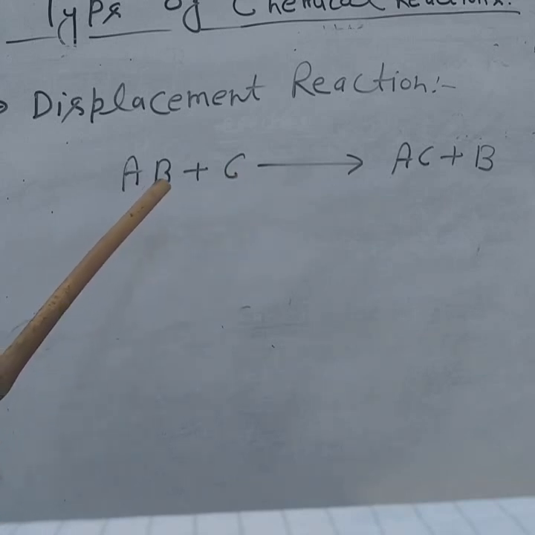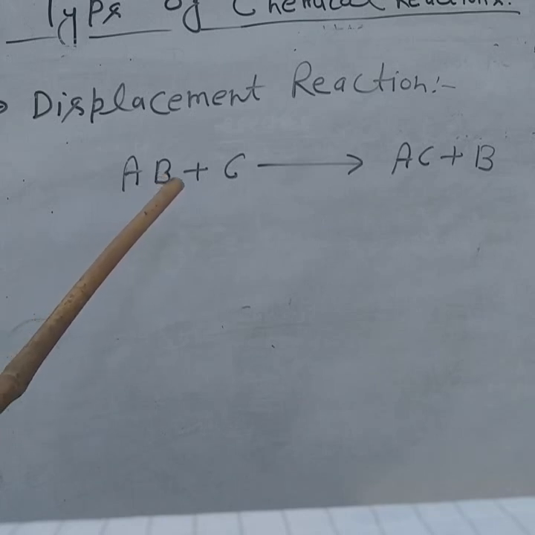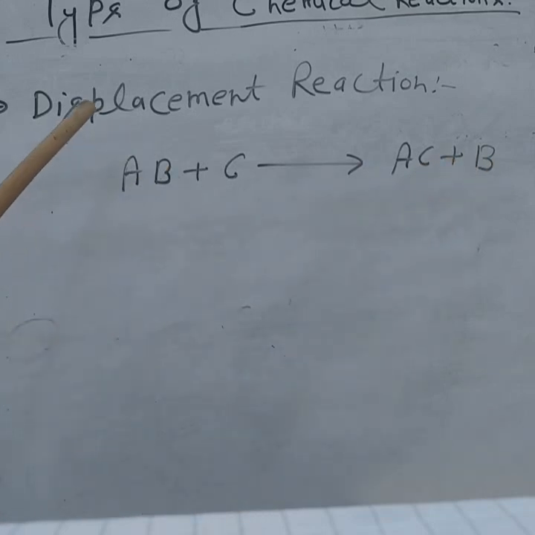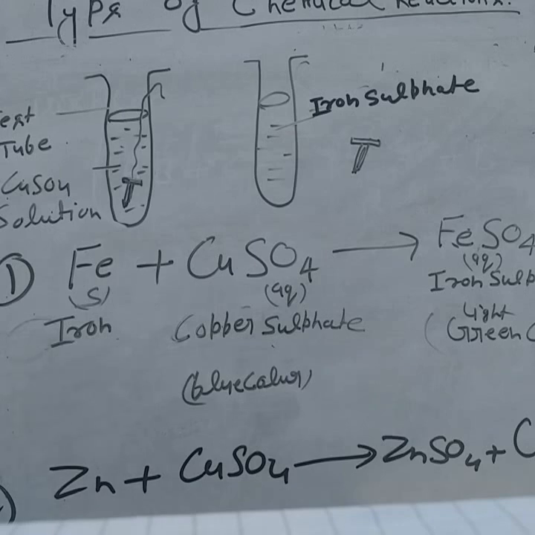C displaced B and takes the place of B, so it gives products AC plus B. So this reaction is called a displacement reaction. Some other examples of displacement reactions are given below. This reaction shows displacement of copper with the help of iron.